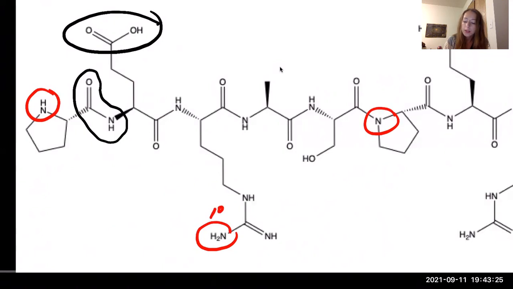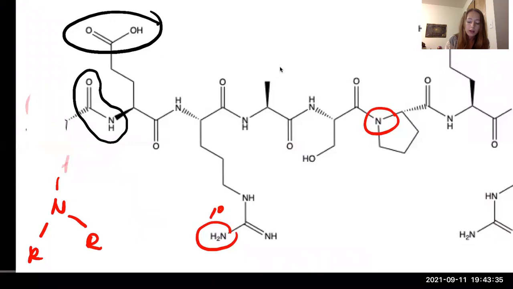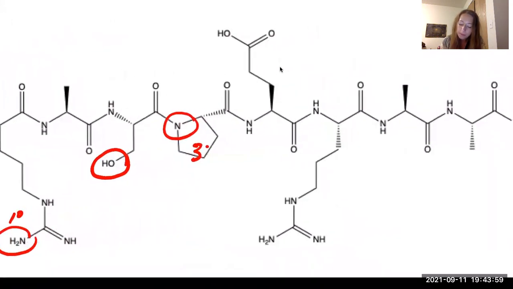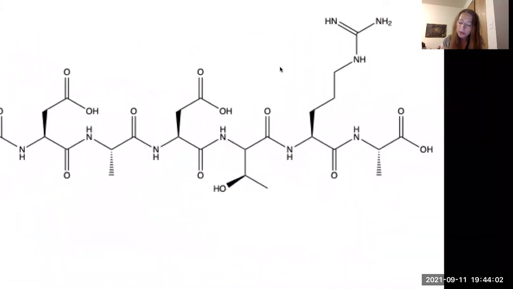And then a secondary amine, like over here, oh, sorry, that's tertiary. A secondary amine would be a nitrogen connected to one hydrogen, but then two of those R groups. And then this would be a tertiary, where there are three R groups coming off of that nitrogen. What else? So we see an alcohol right there. And I think that's pretty much it.